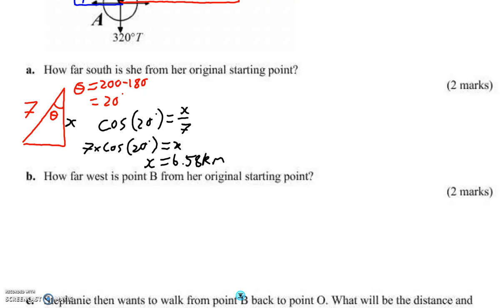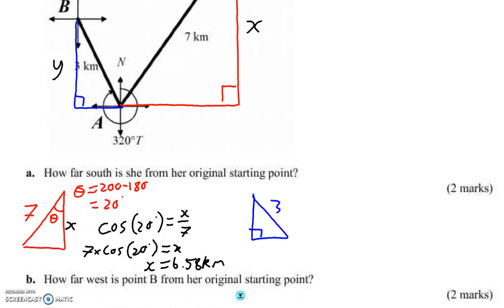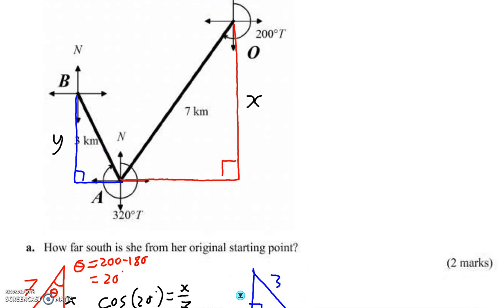Okay, from here, we need to solve our blue triangle. And our blue triangle looks like this. We know that this is 3 kilometers. Looking back at the original, we know that all of this is 320 degrees, but 3/4 is 270.